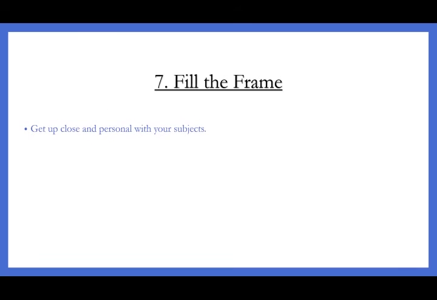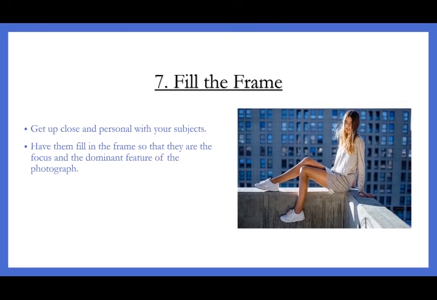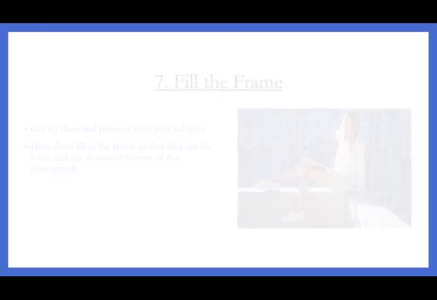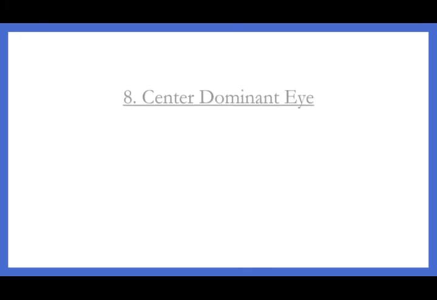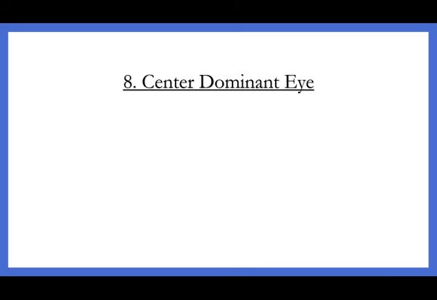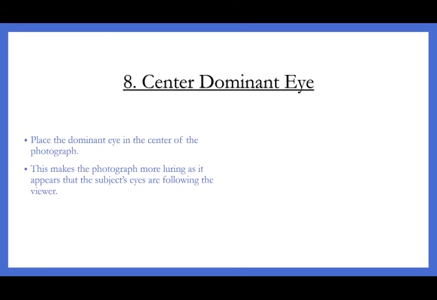Get up close and personal with your subjects. Have them fill the frame so that they are the focus and the dominant feature of the photograph. Center dominant eye. Place a dominant eye in the center of the photograph, and this will make the photograph more alluring as it appears that the subject's eye is following the viewer.